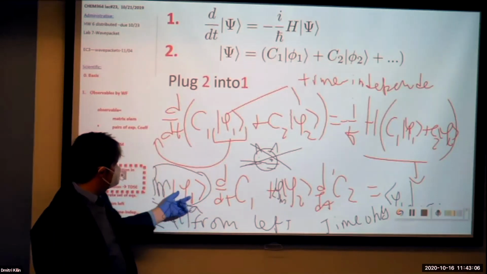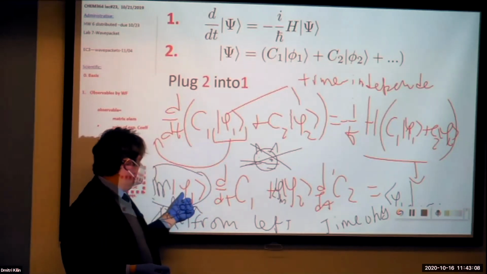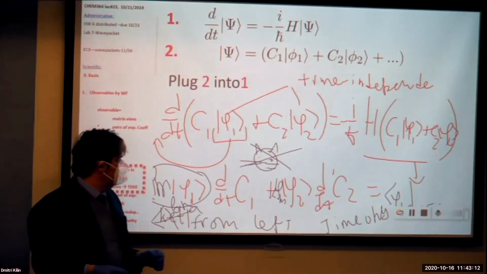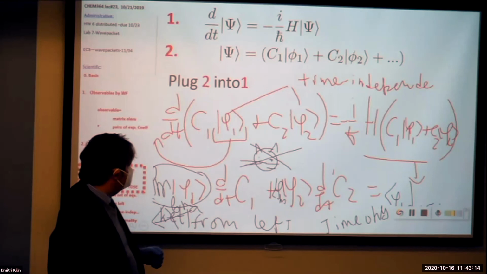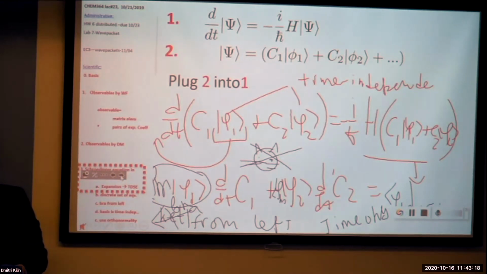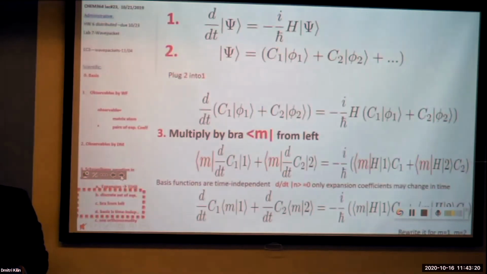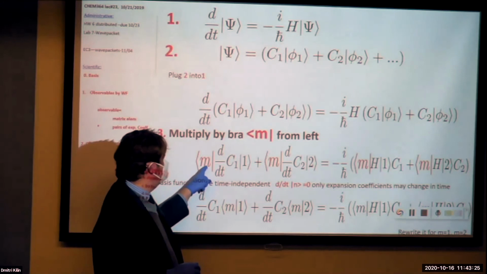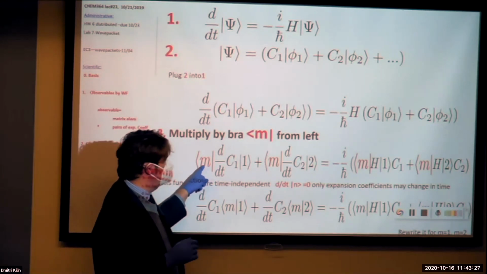So one can swap places of the wave function and the expansion coefficient. Then, after doing this, we are multiplying left and right by the wave function bra m, where m can be either 1 or 2, wave function 1 or 2.